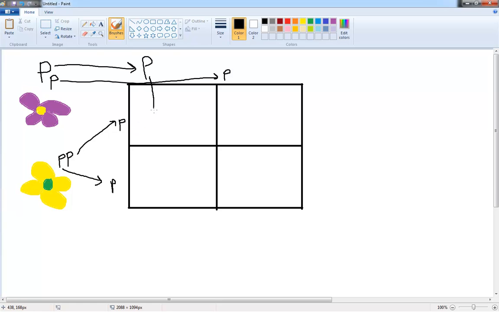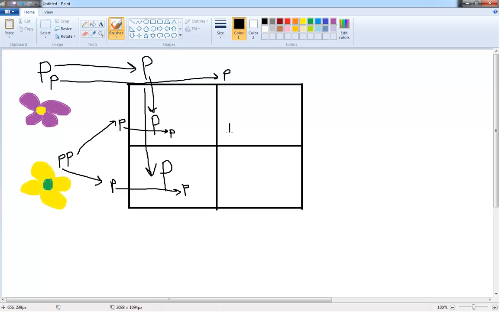And then we'll carry this down. Big P here. Bring that over. Little p there. Big P. Little p. Okay, so what color are these going to be? Well, they're big P, little p, so they have the dominant allele, so they're going to be purple.